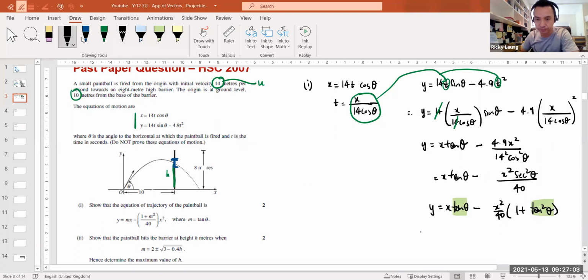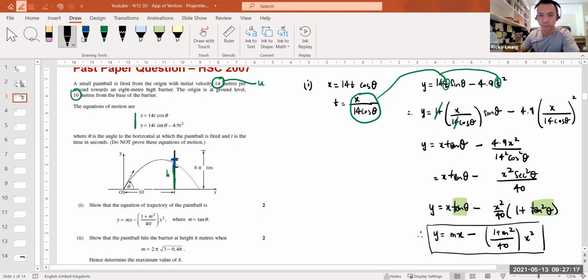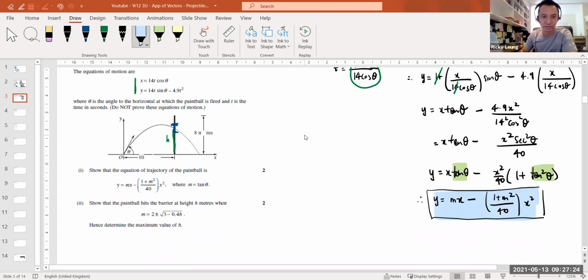Therefore y equals mx minus 1 plus m squared on 40 times x squared. Perfect, exactly what they want me to do. So that was 2 marks, Cartesian, nothing too fancy about that.